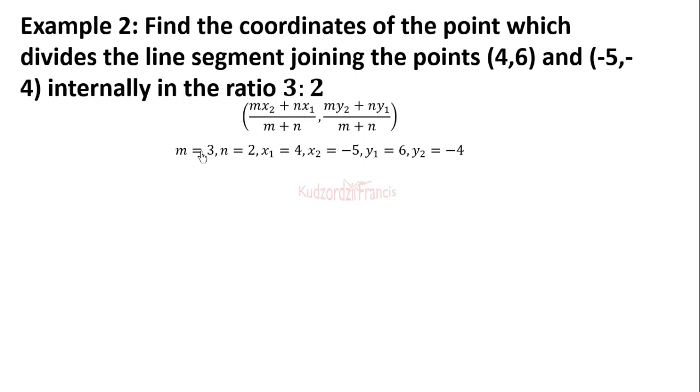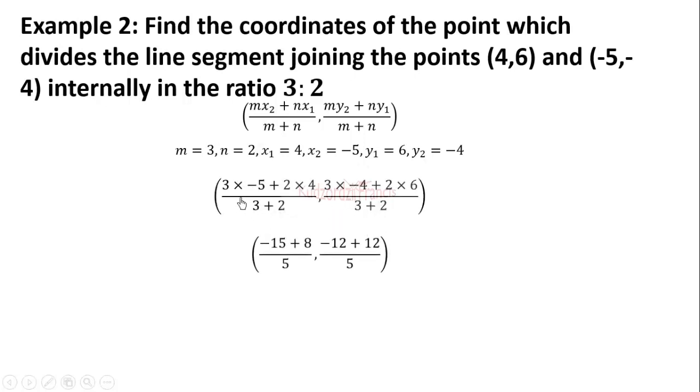So when we do the substitution, we get this expression. So 3 times negative 5 will give us negative 15. 2 times 4 will give us 8. 3 times negative 4 will give us negative 12. And 2 times 6 will give us 12.